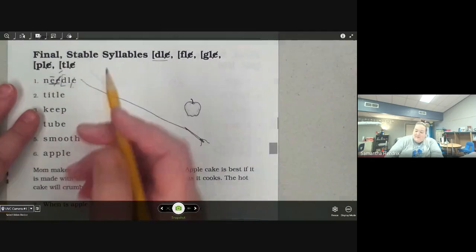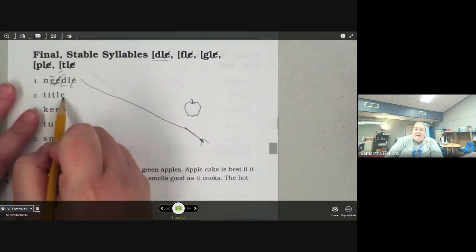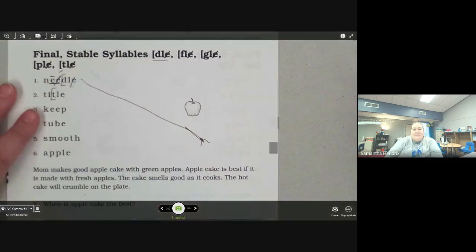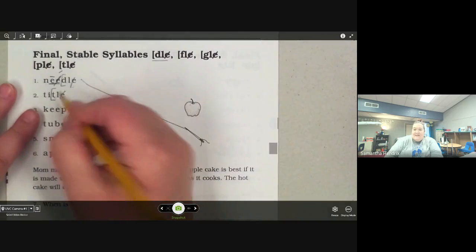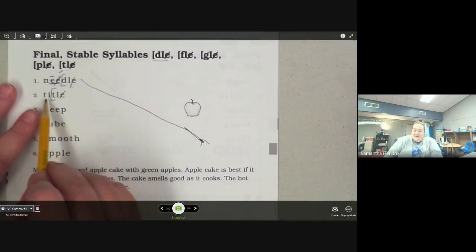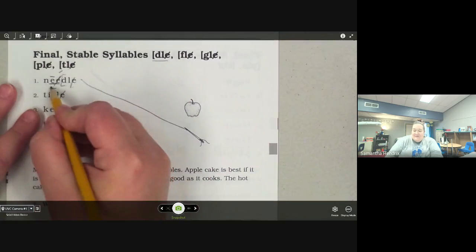Okay, let's look at this one. TLE. So we're going to bracket that off. Okay, you guys do this with me. Mark out this E, just like they did. And then we have to finish. This is a vowel. It's an open accented vowel.